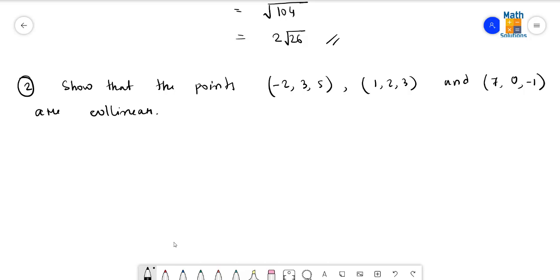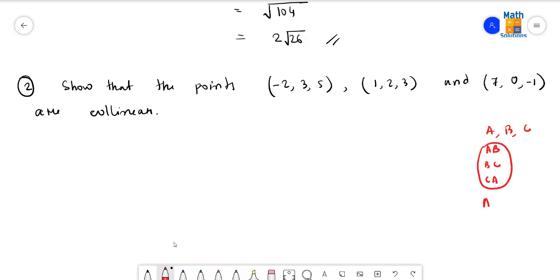Now the concept of collinearity implies here what? If the 3 points are considered to be A, B and C, then by using distance formula we shall be finding out the value of AB, then BC, then CA. After that we need to find that the sum of any two sides out of these 3 should be equal to the remaining side.